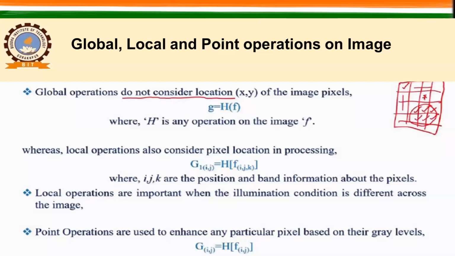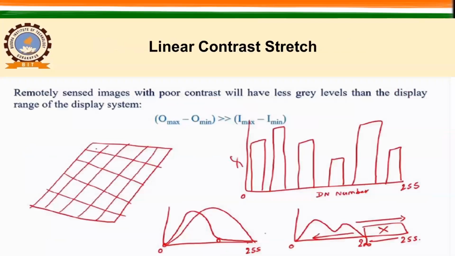You will define the pixel positions, and say that since this requires strong processing, I will use this location to this location, and process it. That is the advantage of going for local or global operations.